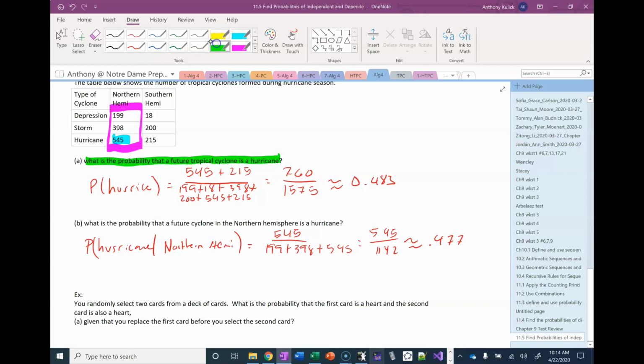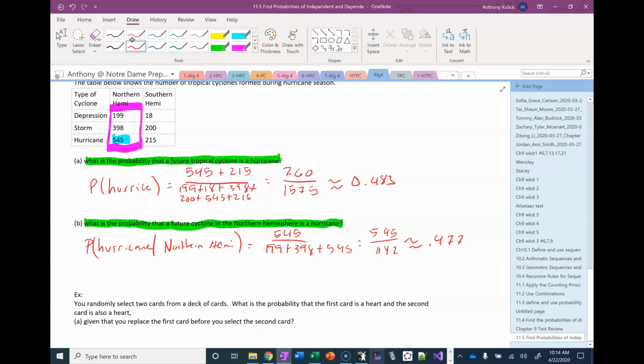Again, I knew that this was not an independent or dependent event thing. Again, there's no and in that statement, right? It says, what is the probability that a future cyclone in the northern hemisphere is a hurricane? So there was no and in that, so it's not an independent or dependent event situation. It's just a probability.